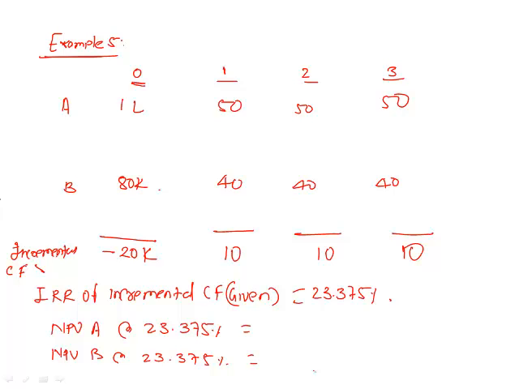Do you want to do it together? Let's calculate for the first one. First, recall clear of your memory. Then say 50 divided by 1.23375, equal to M plus, equal to again M plus, equal to again M plus.